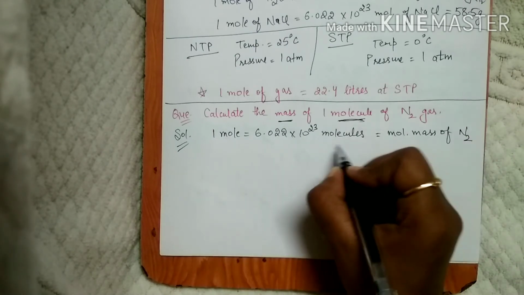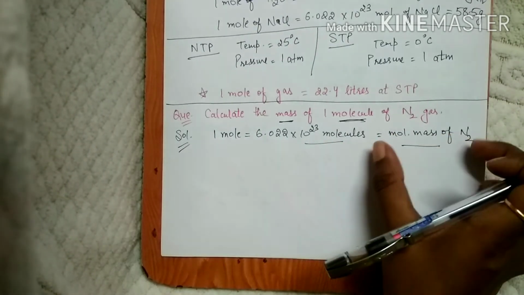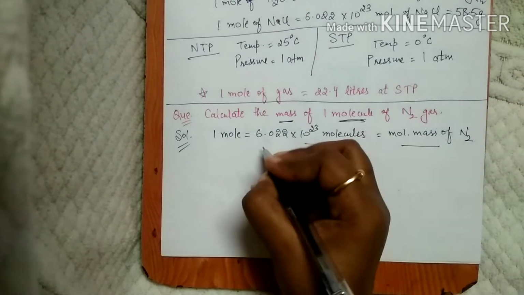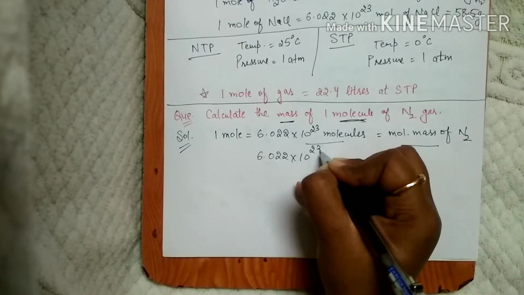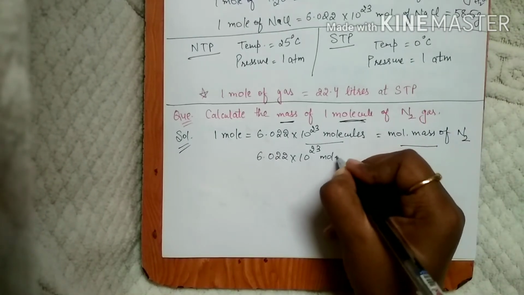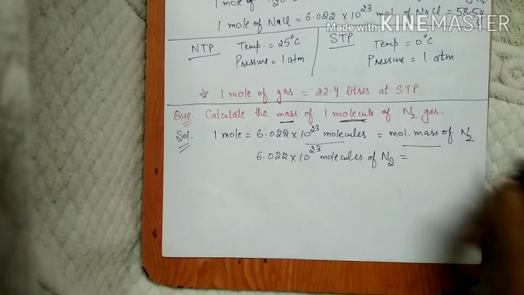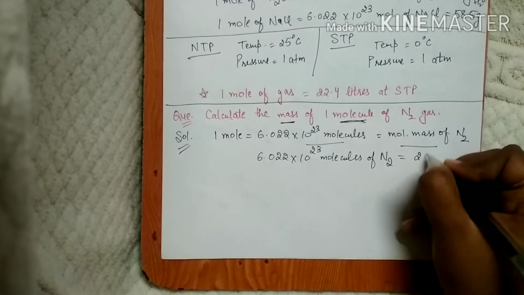So the relation is this one, molecules and mass. We have to use these two. Okay, so 6.022 into 10 raised to power 23 molecules of N2 will be equal to molecular mass of N2, which is 28 gram.